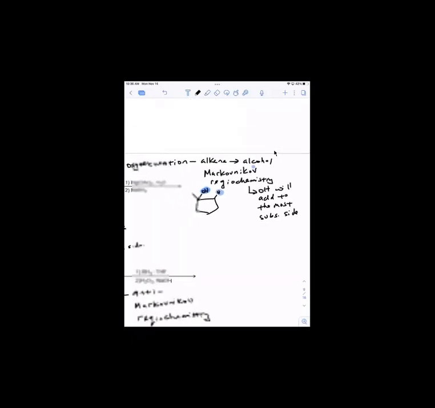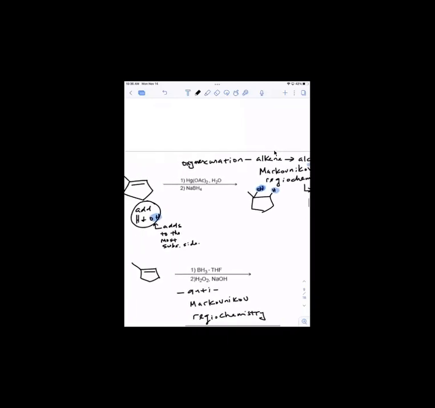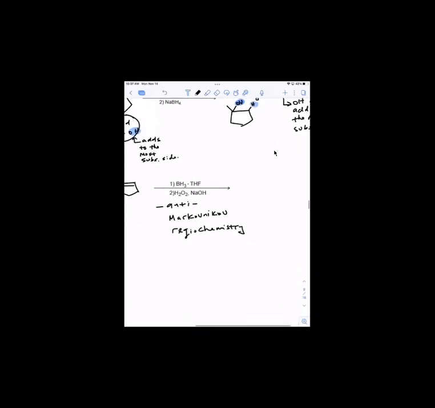What that means is that the OH is going to add to the most substituted side. Yeah, I wrote it, but I'll write it again. It's fine. So if it's anti-Markovnikov, what do you think, logically, that means? Where's the OH going in this case? To the least substituted side.